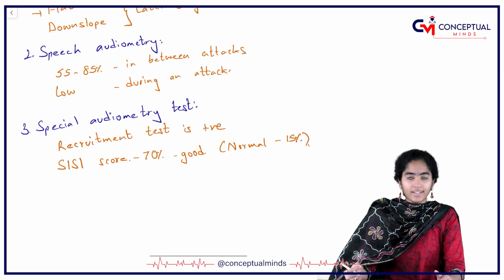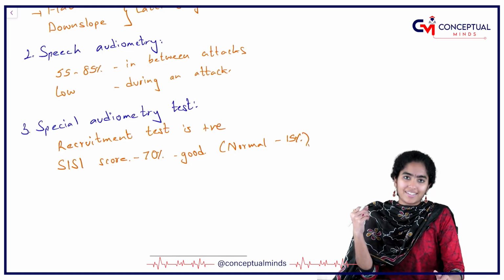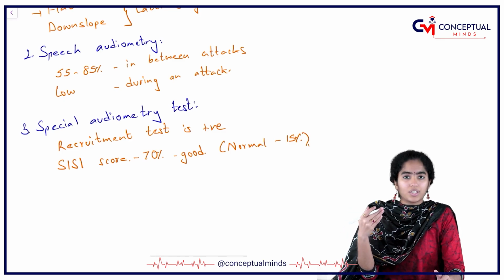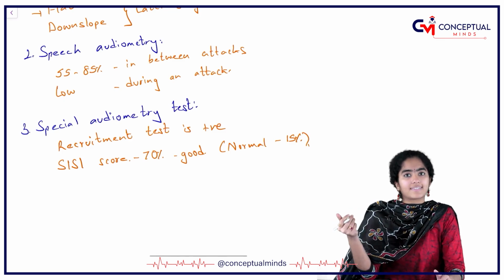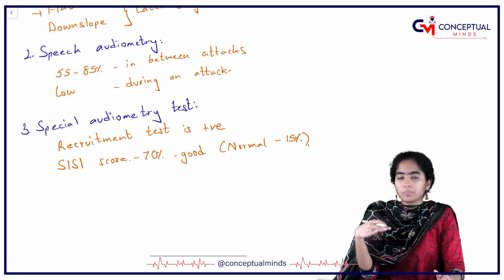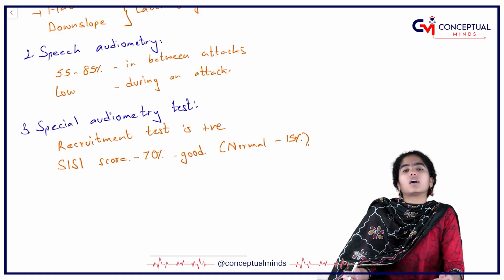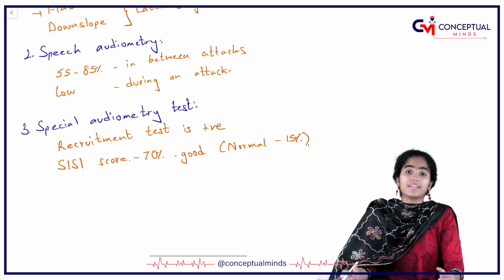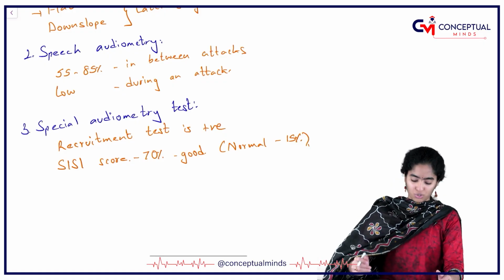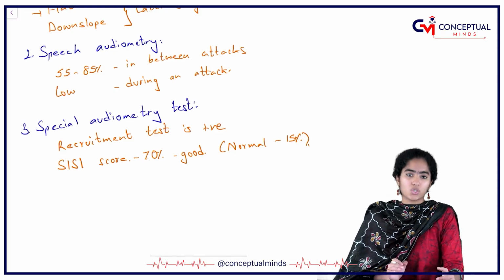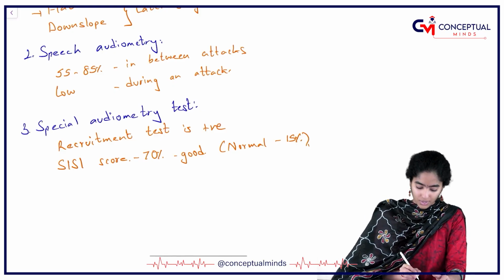A tone is taken and at small intensities, 5 decibels or even less than that, sound is increased. And a normal person cannot appreciate that small change in the sound, whereas a cochlear type of hearing loss person can observe those changes. So they have a good SISI score, a high SISI score I can say rather.